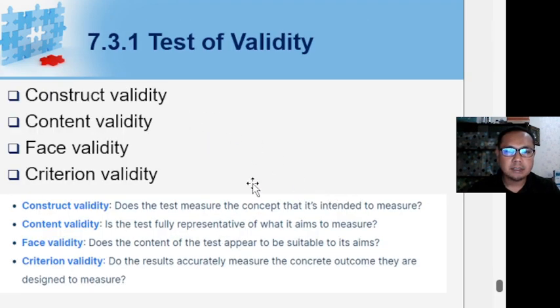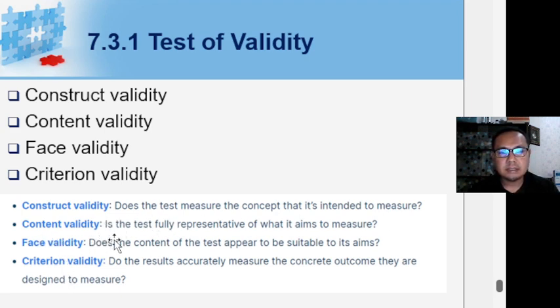Okay, you can test validity based on these methods. I mean construct validity, content validity, face validity, and criterion validity. So what is construct validity? Does the test measure the concept that it's intended to measure? That's construct validity.